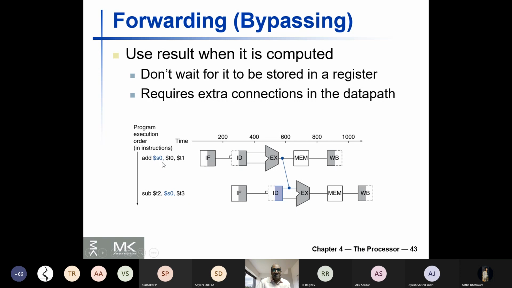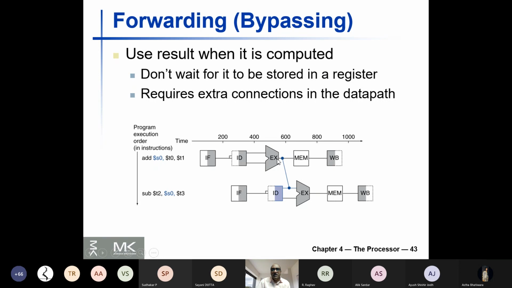The add result will be placed in the S0 register, whereas the next instruction, subtract, requires the output of the add in its execution stage. But the output will be available only one or two stages later. By the time this execution starts, S0 is not available in the register file, but the computation of S0 is already over in the previous instruction.